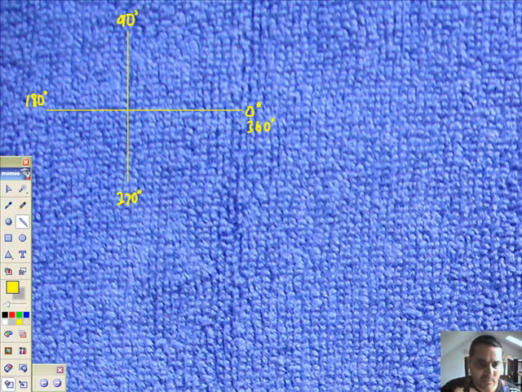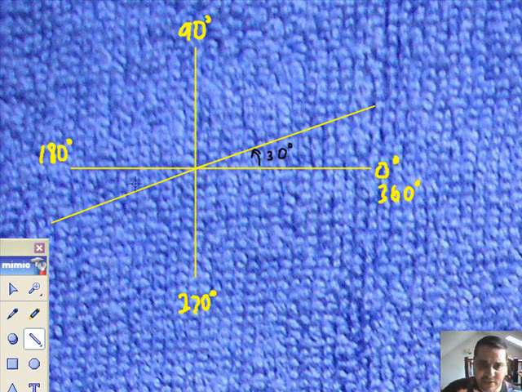For example, if I've got an angle like this, and I'm calling that 30 degrees, just as an example. If I continue the line straight through, I get another 30 degree angle there, wouldn't I? So 30, 30, they're vertically opposite angles.